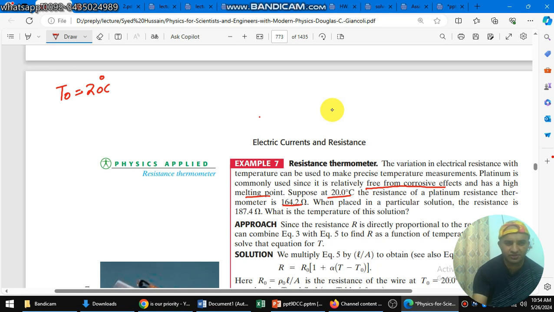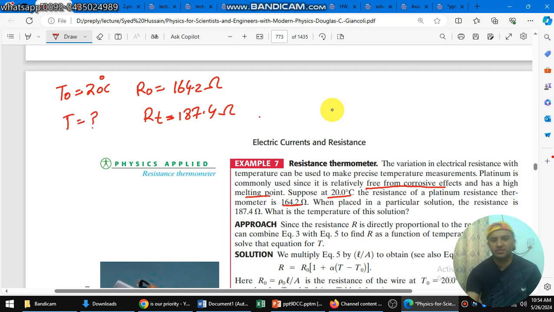So the resistance at T naught is represented by R naught, which is equal to 164.2 ohm. So R naught is given. When placed in a particular solution, the resistance RT at any temperature T degrees Celsius is 187.4 ohm. So we have to find this T degrees Celsius temperature.